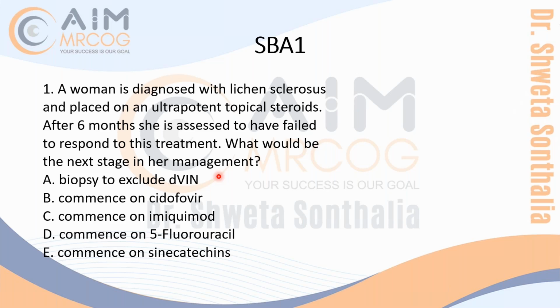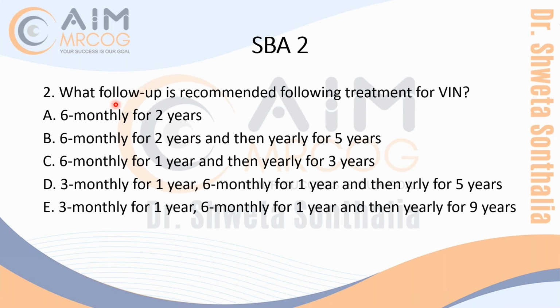This recording will be there on YouTube, so you can answer in the comment section and let us know if you have any difficulty or any recommendation about future uploads. The other question is, what follow-up is recommended following treatment of VIN? I hope it is clear now and you'll be able to answer this clearly and quickly.